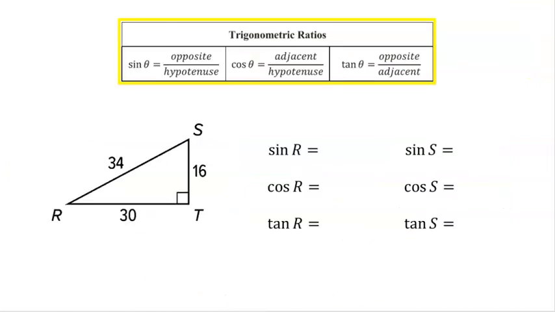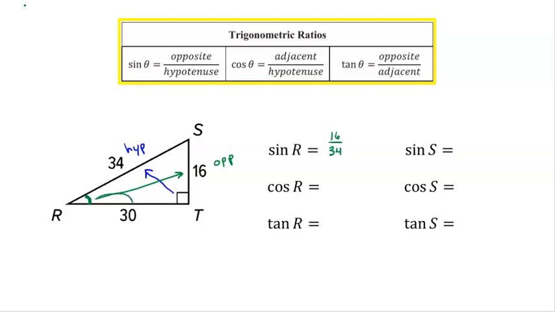So now let's do some practice. We know that this is always going to be the hypotenuse. Your hypotenuse is always going to be across from your 90-degree angle. From here, it's really just knowing what those sides are in relation to that specific angle. So for sine R, if we're looking at angle R here, the opposite side is going to be 16, so we've got 16 over the hypotenuse 34.